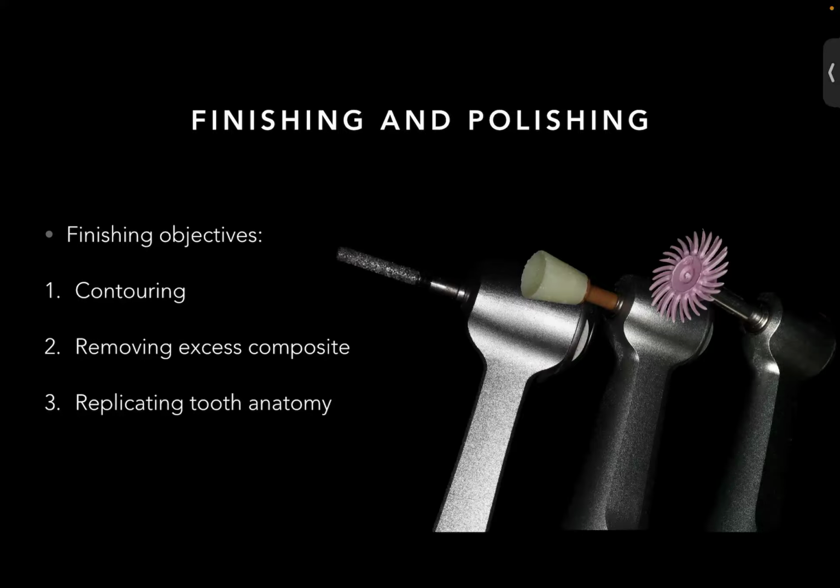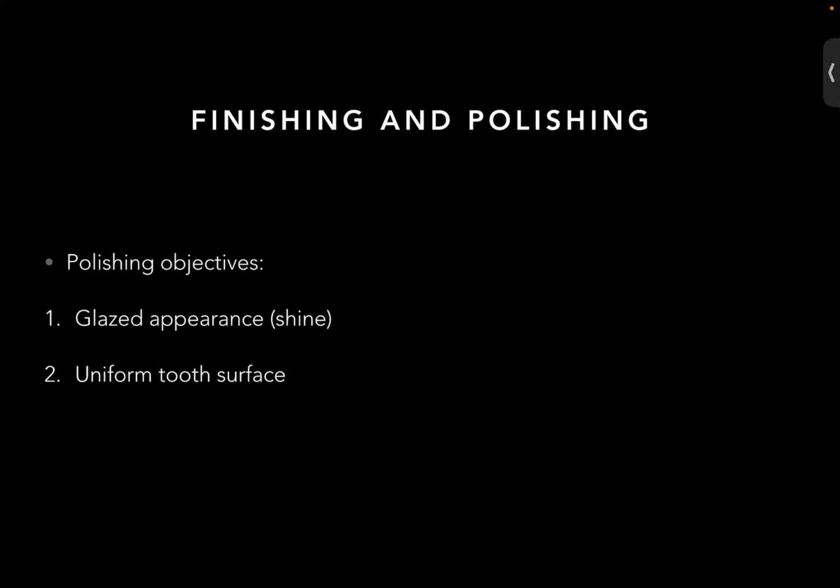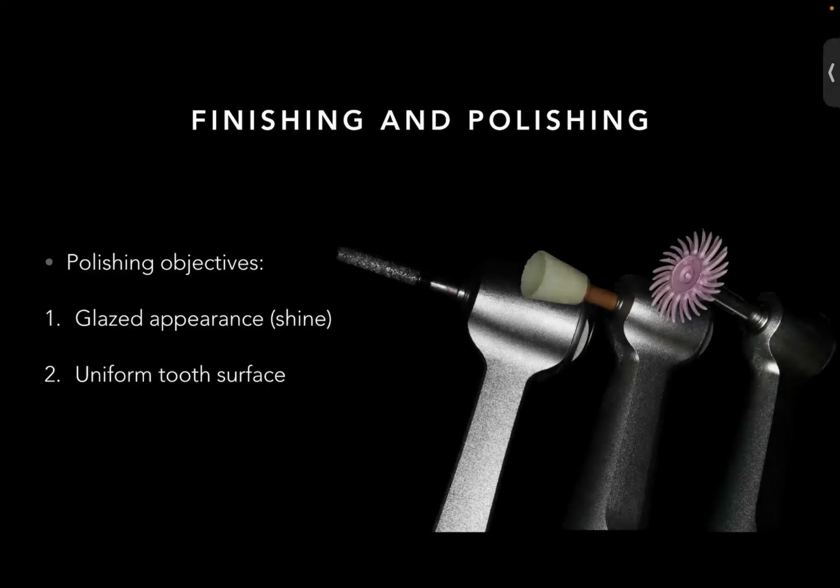Finishing is meant to do a specific job, and polishing another. The objectives of finishing are contouring, removing excess composite, and replicating the tooth anatomy externally. Polishing objectives are getting a glazed appearance and a uniform tooth surface.